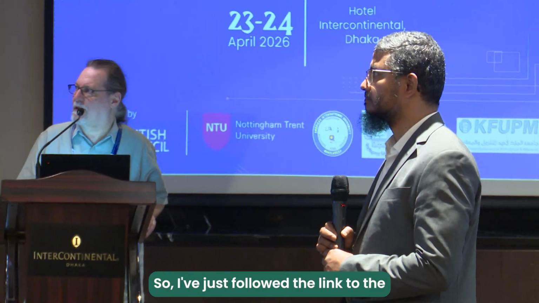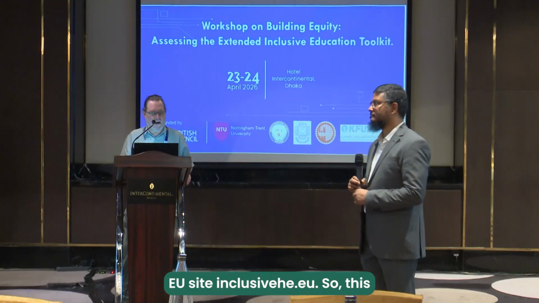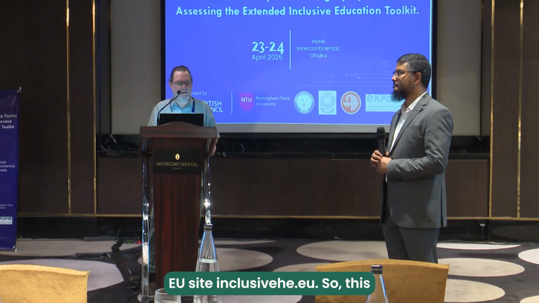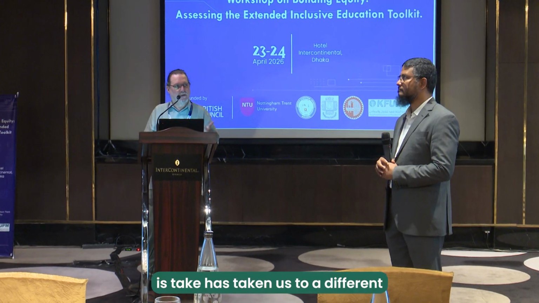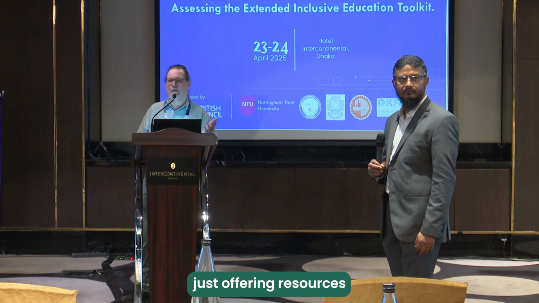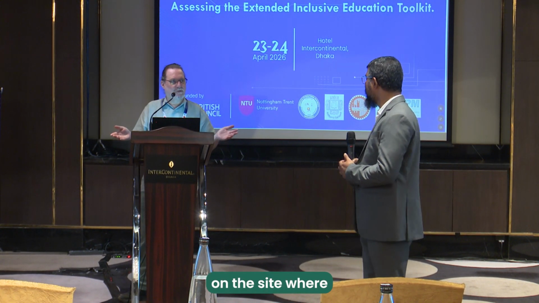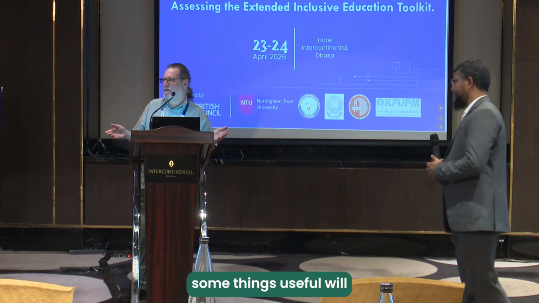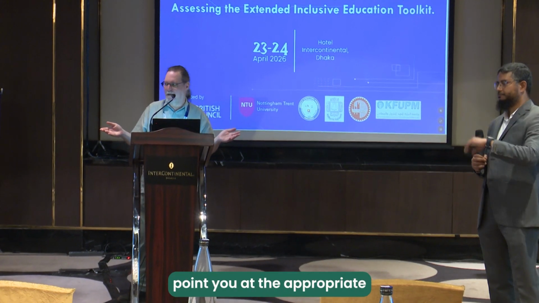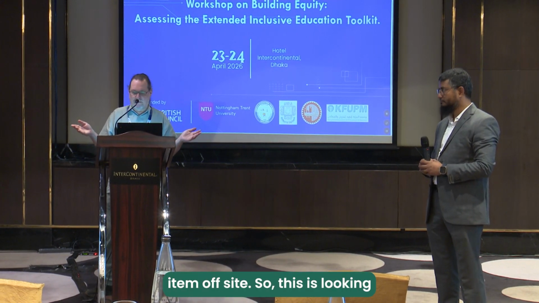So I've just followed the link to the checklist here. So this is an EU site, inclusivehe.eu. So this has taken us to a different, external site. So we're not just offering resources on the site. Where something's useful, we'll point you at the appropriate item off-site.